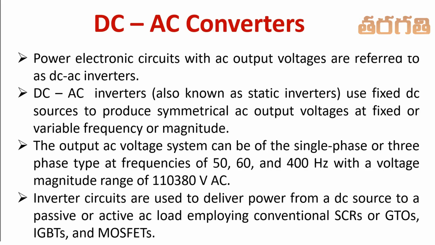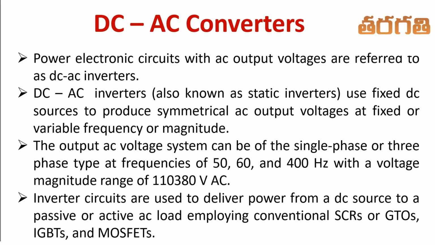So what will DC to AC inverters do? They use fixed DC sources to provide symmetrical AC output voltages at a fixed frequency or a variable frequency.